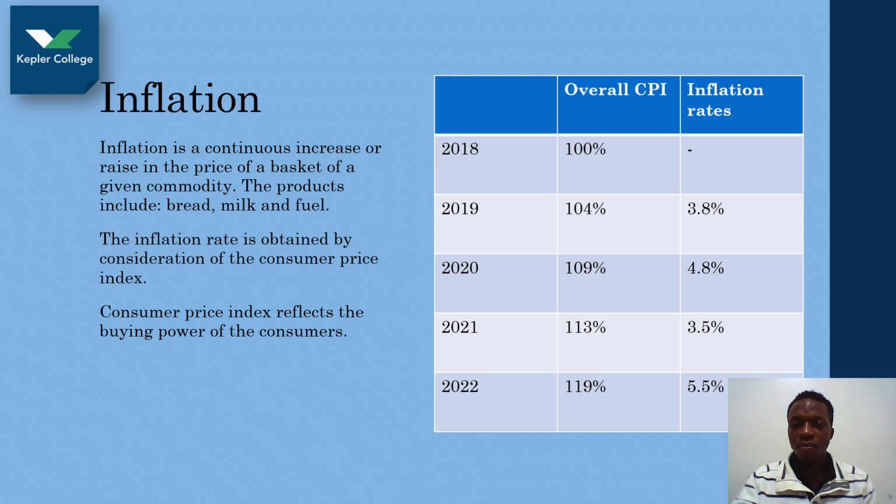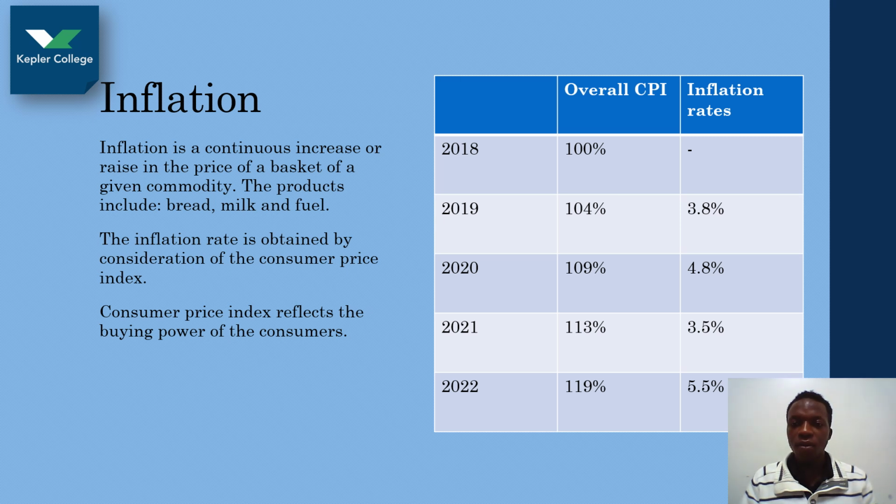If we continue to 2021, the inflation rate became 3.5%. This means that the percentage increase of the prices has reduced to 3.5%, which was mainly indicated by this overall CPI of 113%, which indicates how the buying power of the consumers has increased.